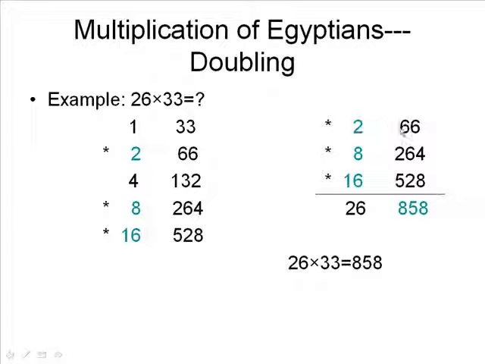So 2 33s is 66, 8 33s is 264, and 16 33s is 528. And we add these numbers together to get 858. That's exactly 26 33s. So that gives us the answer. So you can see the Egyptians used this doubling process to avoid multiplication tables.